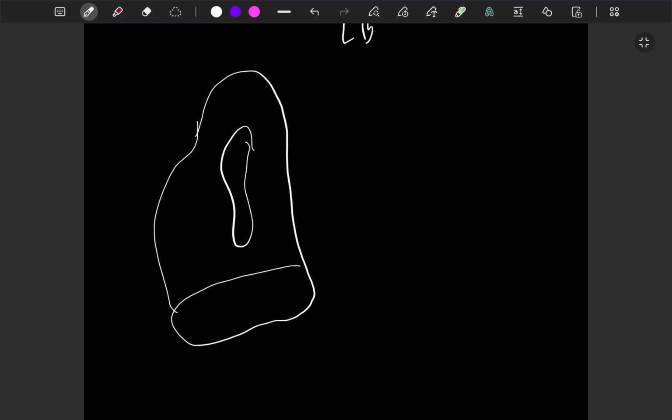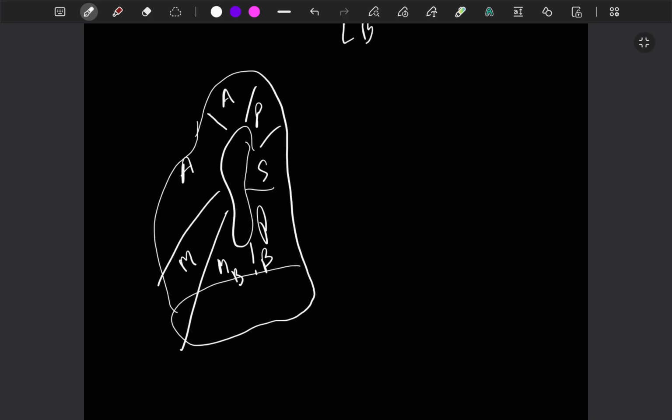This is a right lung. This is apical, anterior, posterior. This, and then comes the medial, comes superior, medial basal, posterior basal.